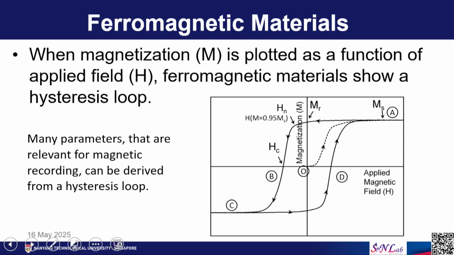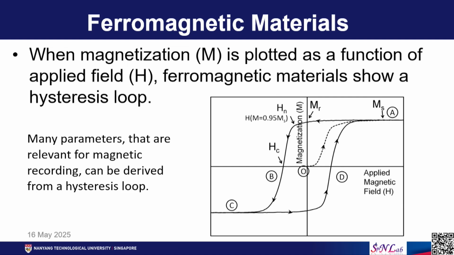So basically, you have a loop, and this loop is called hysteresis loop. And this is a typical behavior of ferro and ferrimagnetic materials. So from this loop we can extract many different parameters, and these are very useful parameters when you design a material for magnetic recording or material for MRAM application. These parameters that you get from the hysteresis loop are very important.